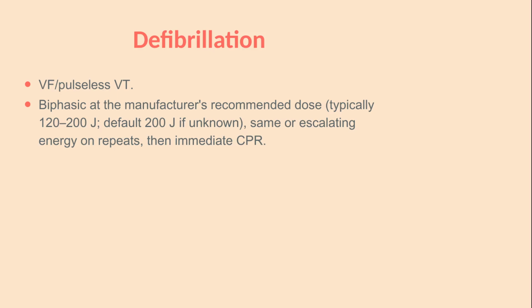There is no timing to respect in a chaotic rhythm, so the machine discharges immediately. With a biphasic defibrillator, use the manufacturer's recommended energy, typically 120 to 200 joules, and when you do not know the recommendation, choose 200 and move on. Underdosing electricity in a shockable arrest helps no one.